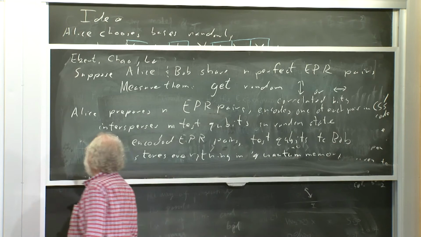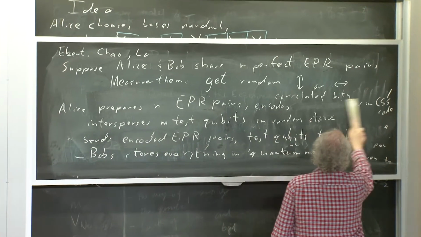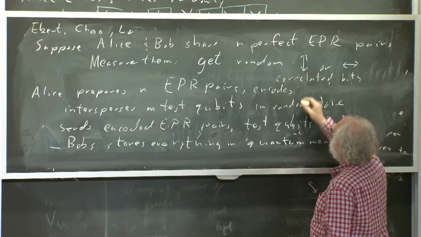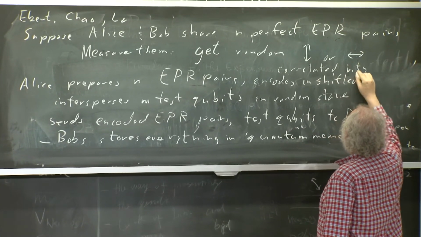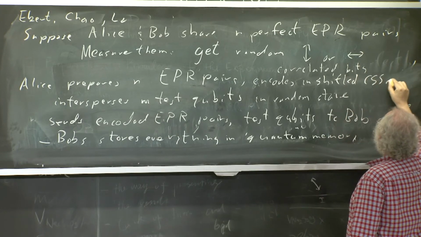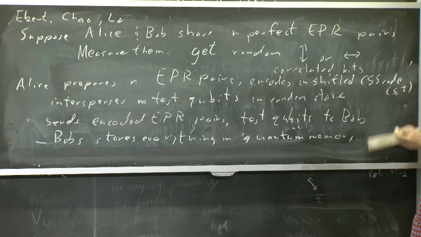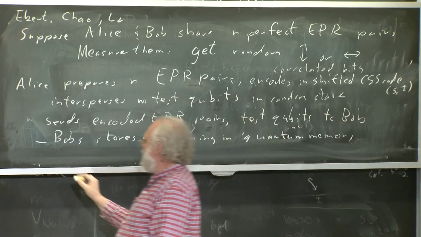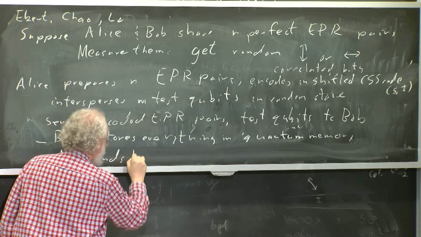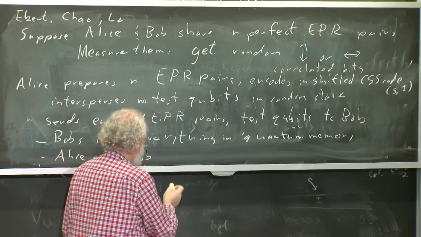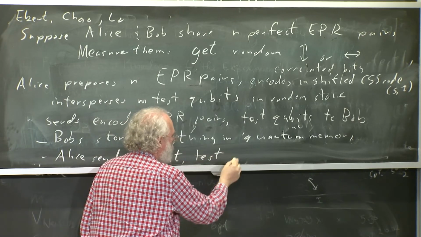Okay. So we'll change the last thing, and encode in a shifted CSS code characterized by S and T, and then Alice sends Bob S and T and everything about the test qubits.